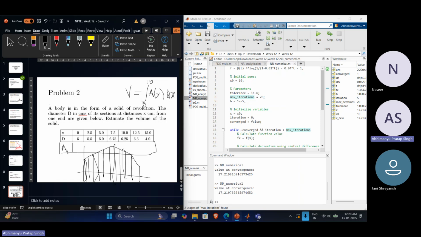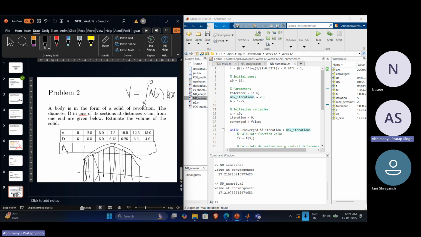And the other thing that we can do is fit a curve through this entire set of points, and then we use that curve to approximate the radius at infinitely many points. So basically we are doing interpolation there also, but we are fitting a curve and then finding the points based on that curve.